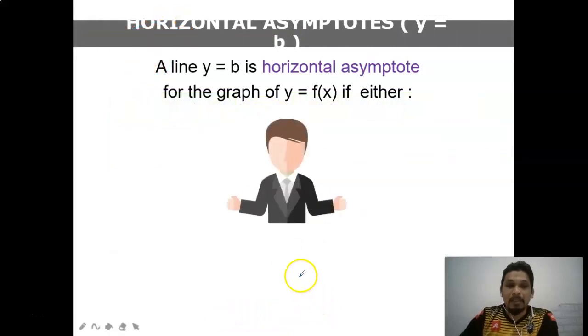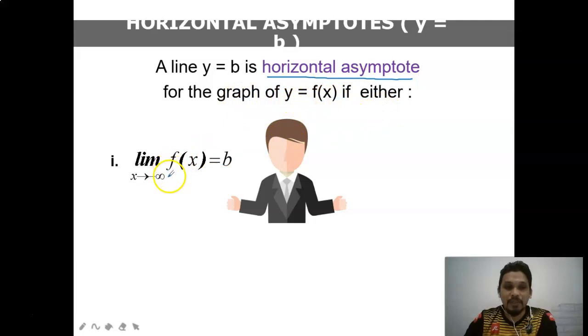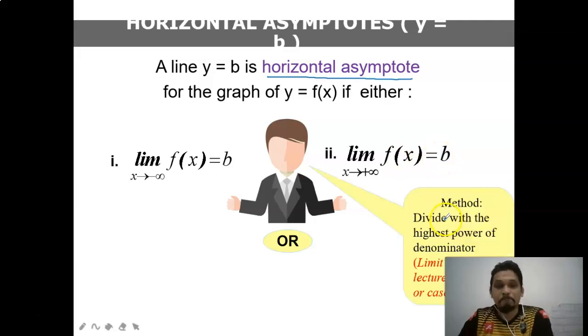Okay. And then a line y equal to b is a horizontal asymptote for the graph of y equal to f(x) if, for this one here, the limit of f(x) as x approaches negative infinity, or x is getting smaller and smaller, the function f(x) approaches the line y equal to b, or the limit as x approaches positive infinity, or x is getting bigger with a positive value, the function f(x) approaches the line y equal to b.